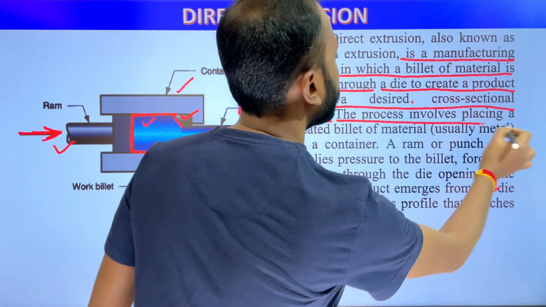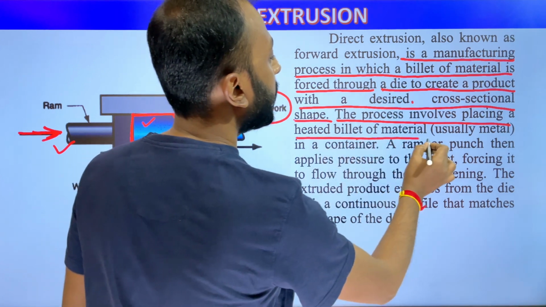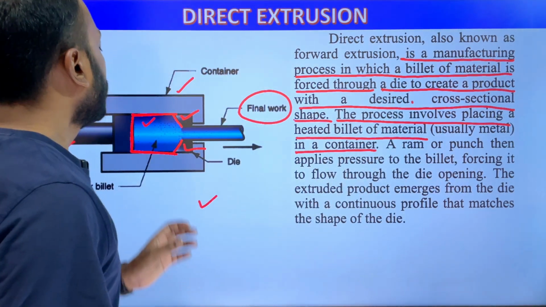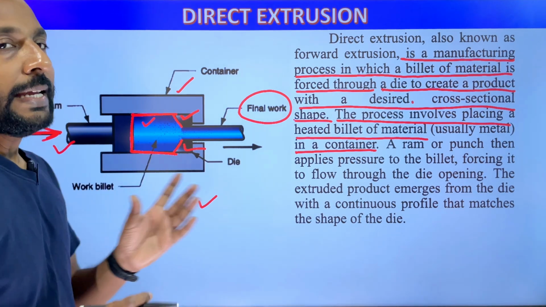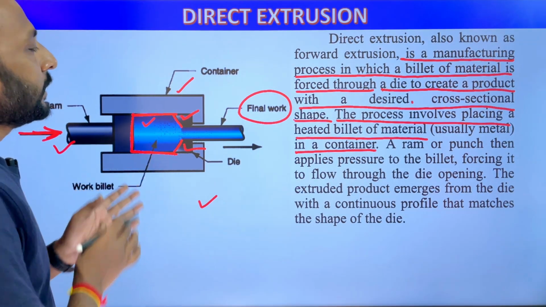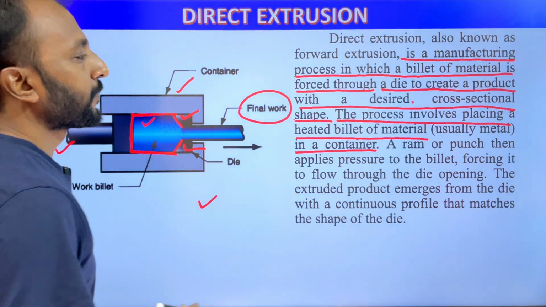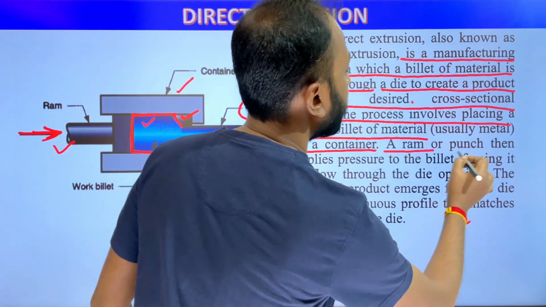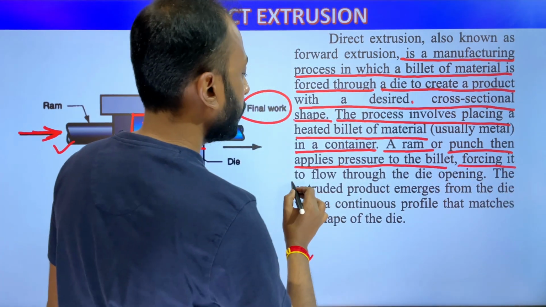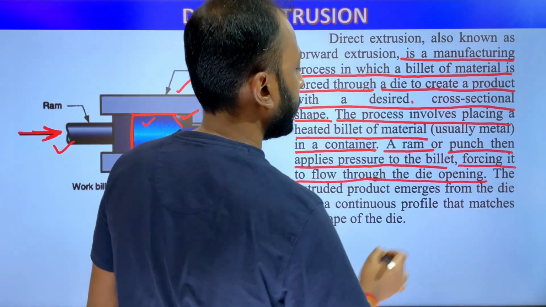The process involves placing a heated billet of material in a container. So here we are placing generally heated metal. In this case, we are placing heated metal. So this is hot extrusion process. A ram or punch then applies pressure to the billet, forcing it to flow through the die opening.